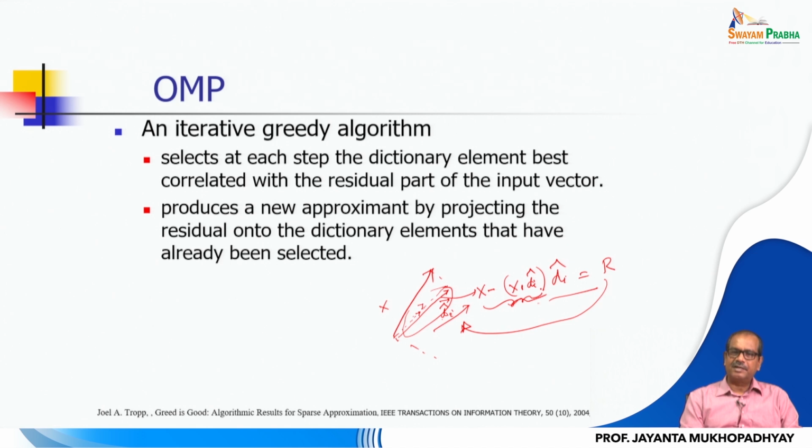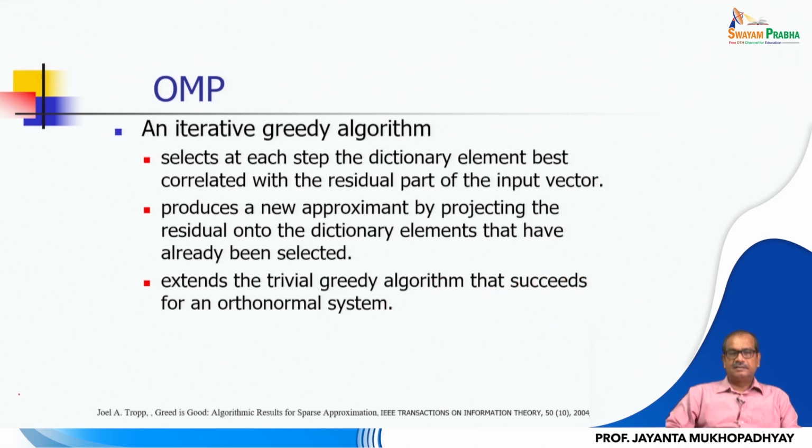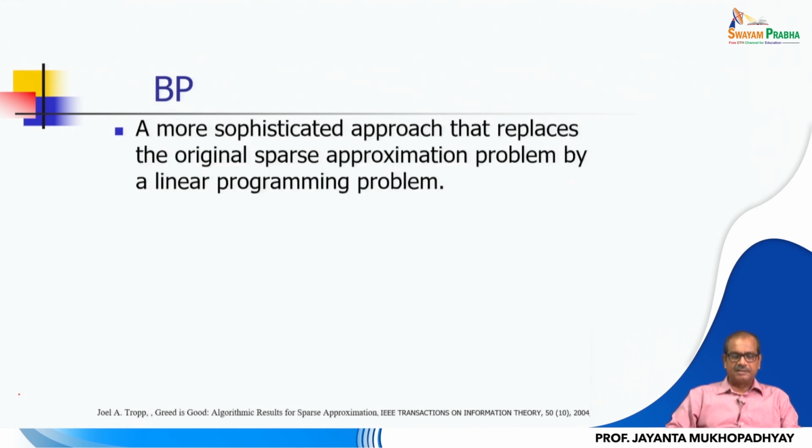You take the dot product and its magnitude, and wherever it is maximum, you select only that vector and then perform this computation. Now, this is the matching pursuit. Orthogonal matching pursuit requires some more operations, which I will explain later. It actually extends the trivial algorithm that succeeds for an orthonormal system.